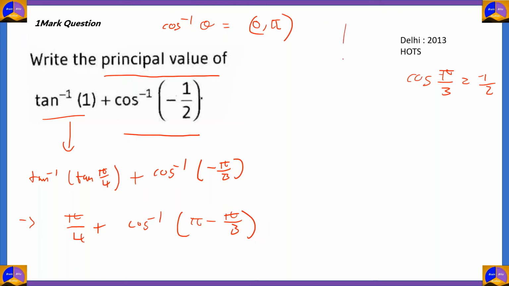That's the sign convention in the Cartesian plane. So we can write cos of minus theta as pi minus theta. So moving on, pi by 4 plus cos inverse of pi minus pi by 3 is equal to 2 pi by 3.